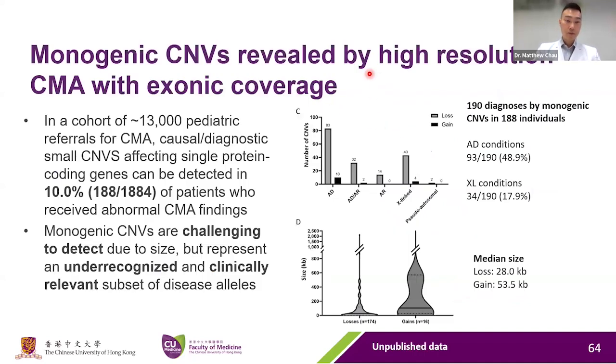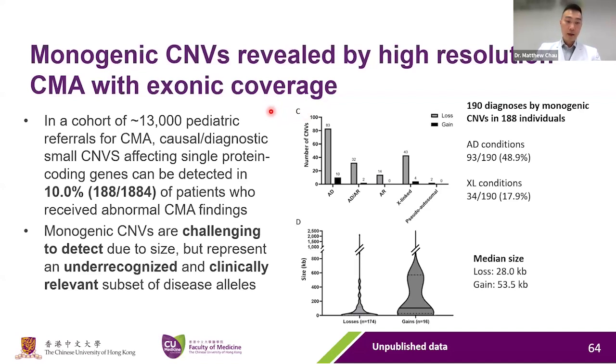Through my time at Baylor, I looked at a cohort of over 13,000 pediatric referrals for high-resolution CMA. And these individuals were mostly referred for developmental delay or multiple congenital anomalies. And the array was very high resolution in that it can detect exonic CNVs of over 42,000 genes.